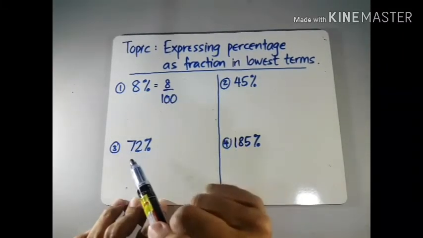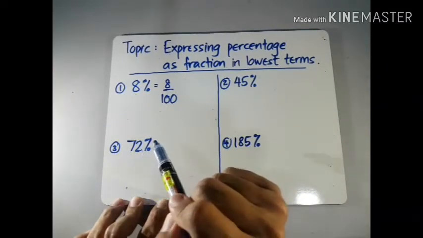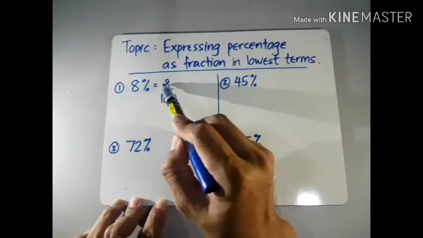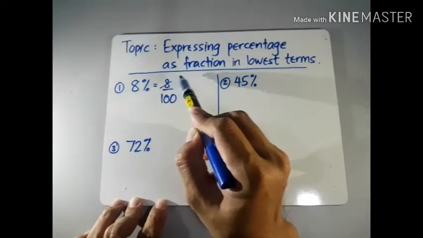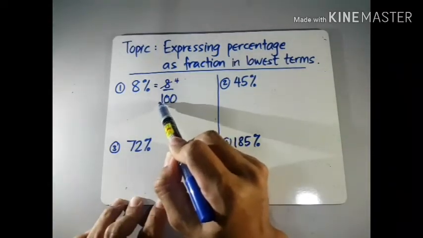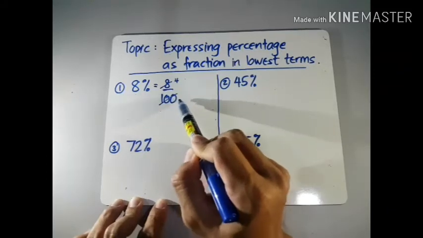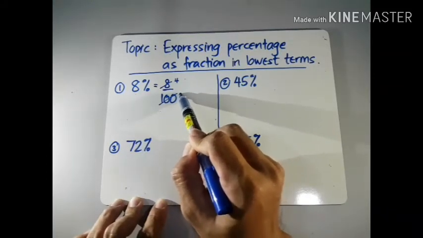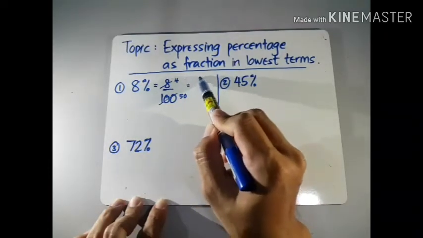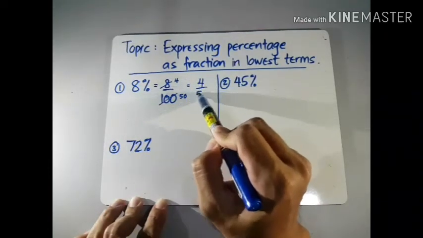So 8 and 100, you can divide both by 2. So if you divide 8 by 2, you will get 4, isn't it? And 100, if you divide by 2, you will get, yes, that's it. It's 50. Now we have 4 out of 50.